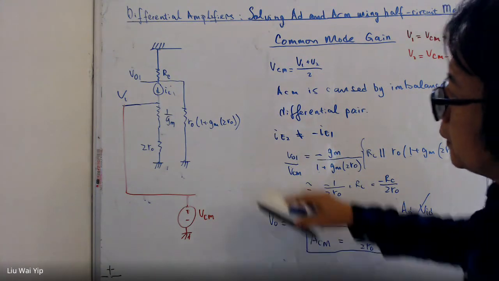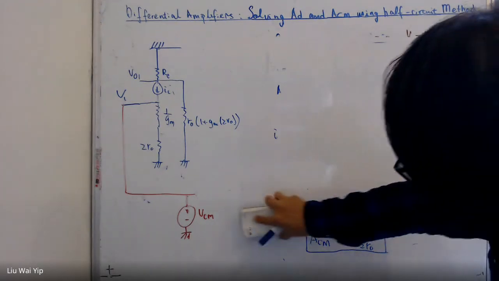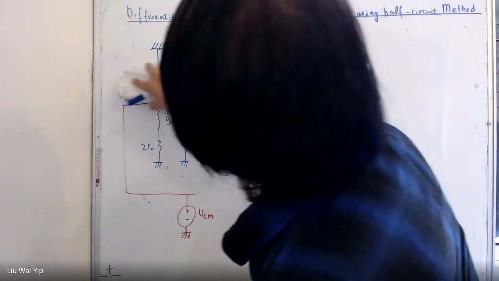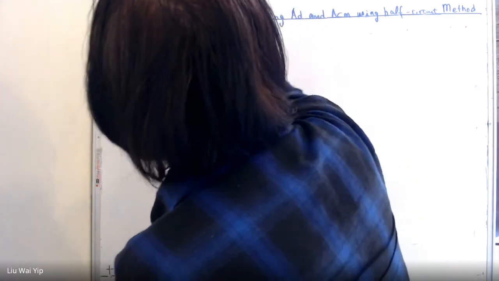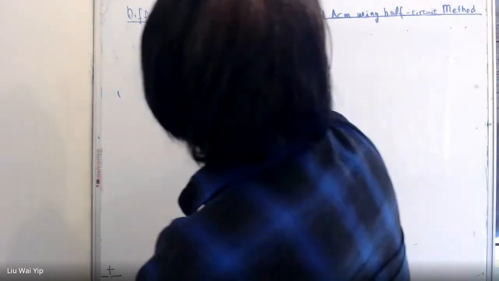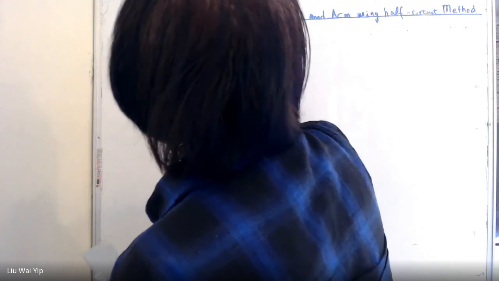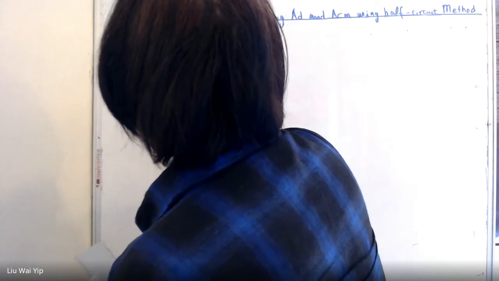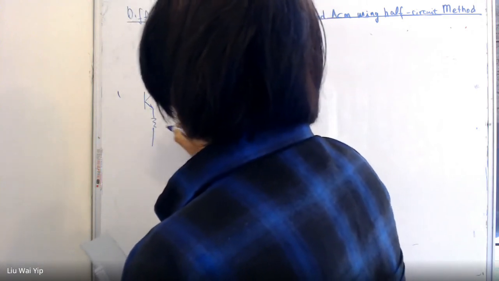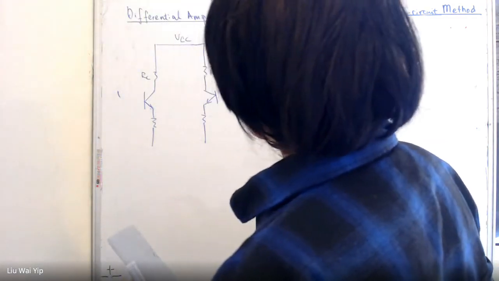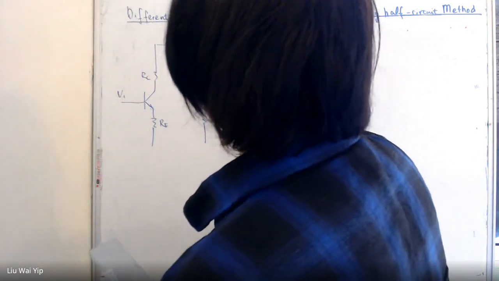And what if we have a more complicated structure, for instance, we have tail resistance, VCC, and we have V1 and V2.